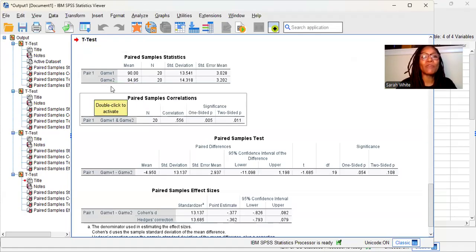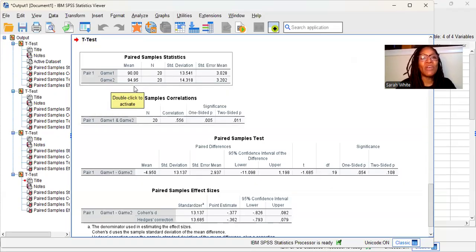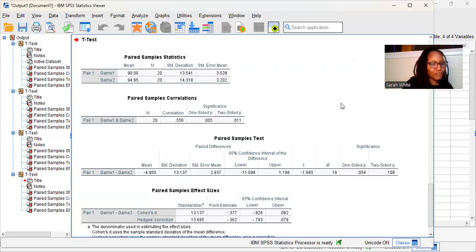For our post-coaching sample, our game two, our mean score is 94.95. So there's an increase of about 4.95 points. And for the post-coaching games, the standard deviation is 14.32. We'll go ahead and round that up.